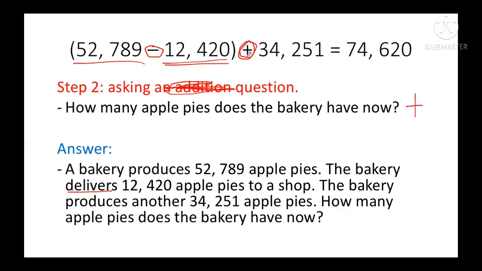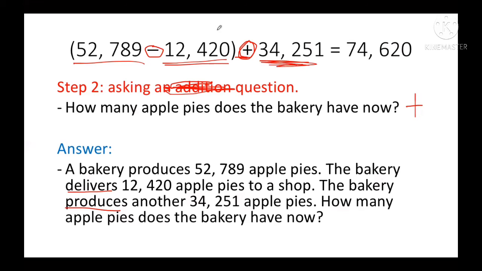So how can we insert this plus? Here, the bakery produces another. Produce means we will add, or plus. So the bakery produces another 34,251 apple pies.